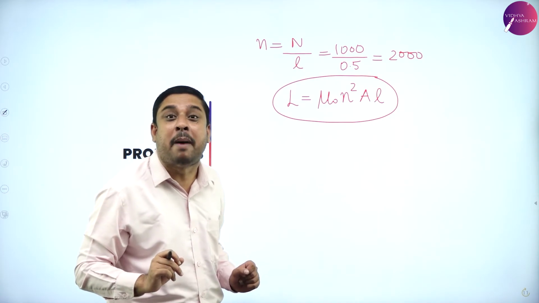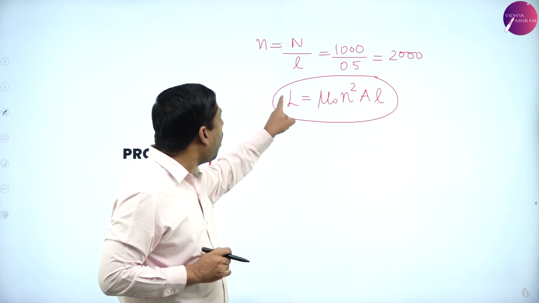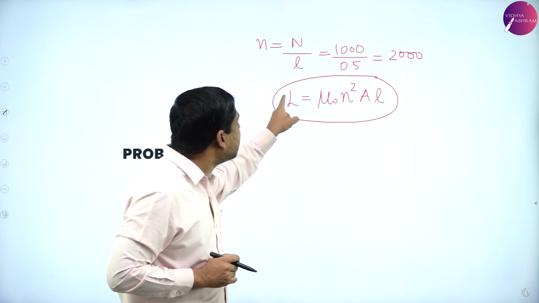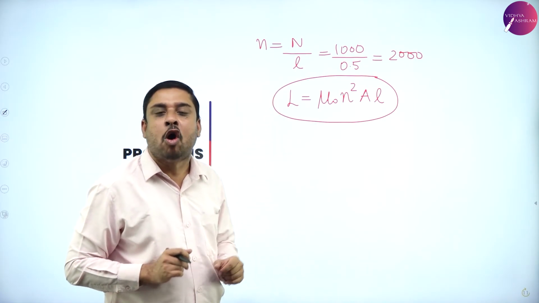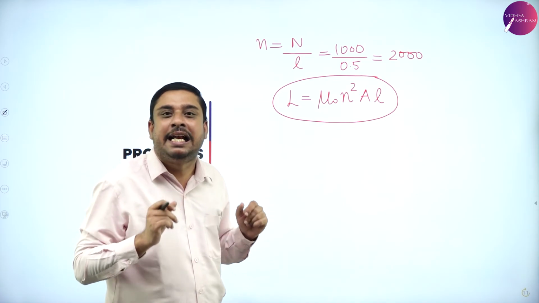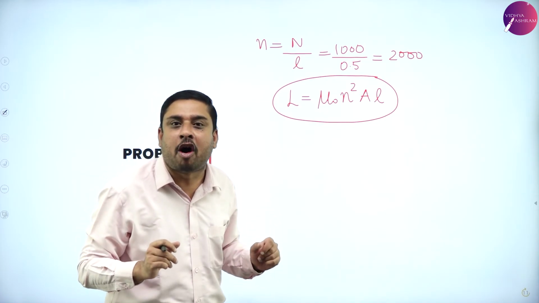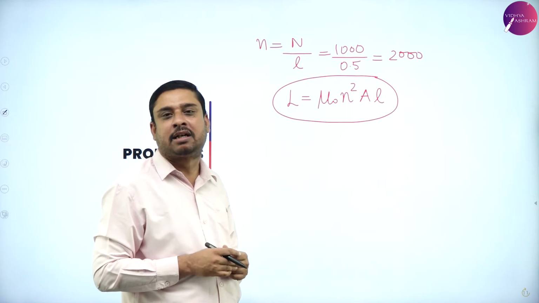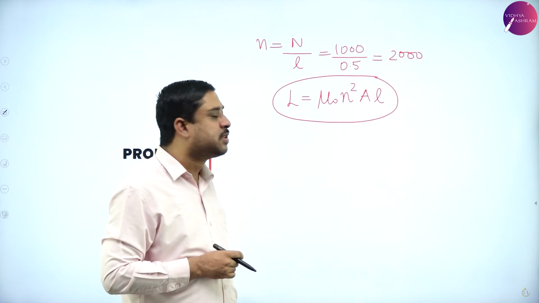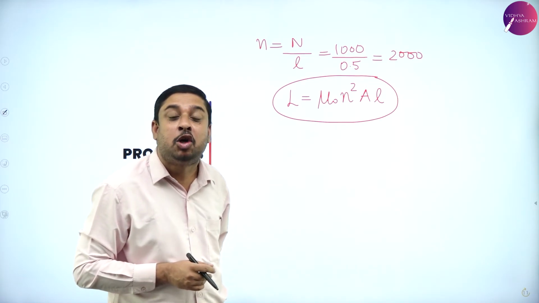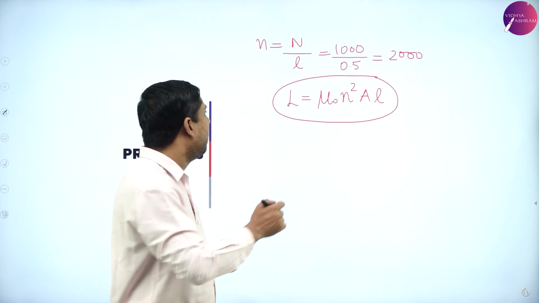In 2018, there was a 1-mark question: how is the self-inductance of a solenoid related to the number of turns per unit length? The answer is proportional to square of n.